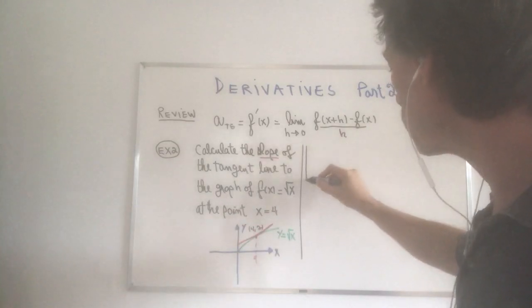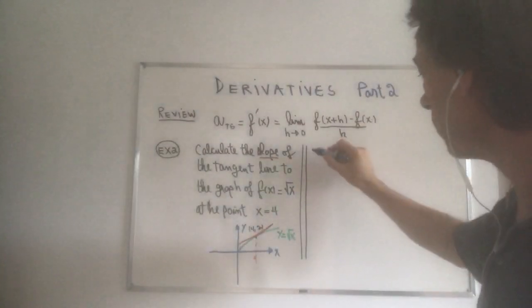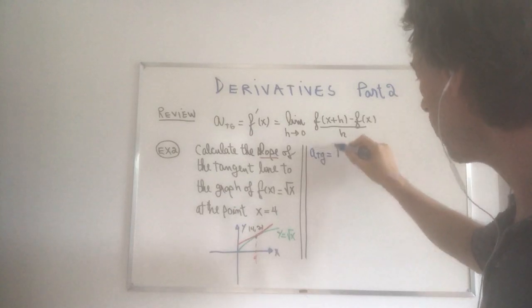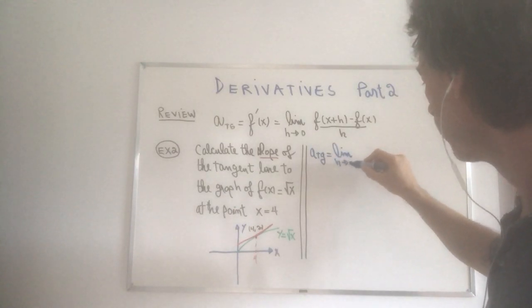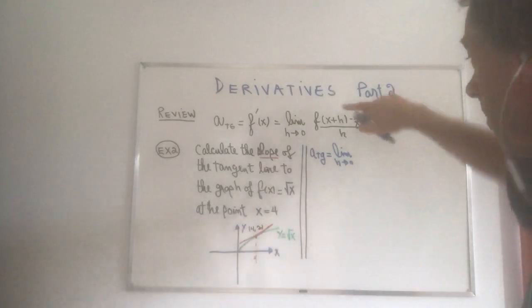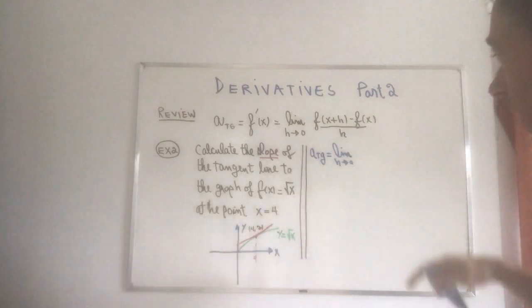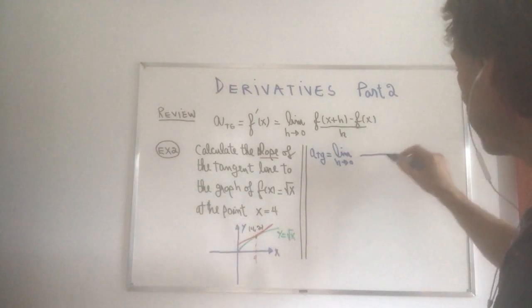Now, what is the slope of the tangent line? The slope of the tangent line is given by this formula. The slope of the tangent line is f prime, this is notation, and it is the limit as h approaches 0 of f of x plus h minus f of x over h. All right, let us write this down.